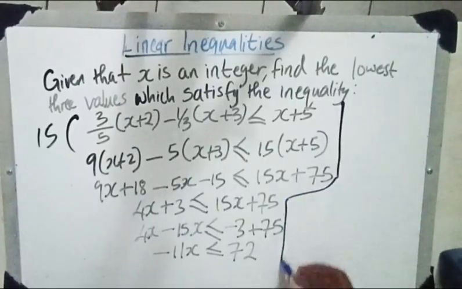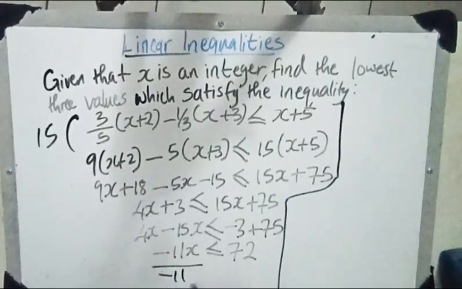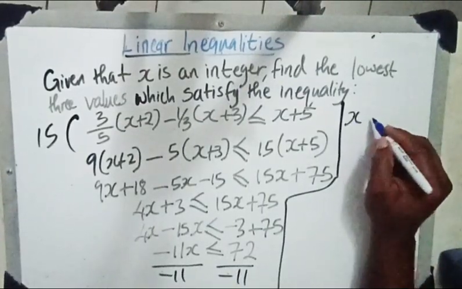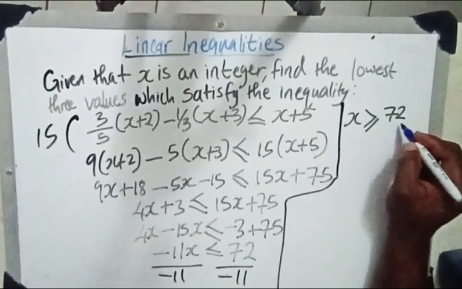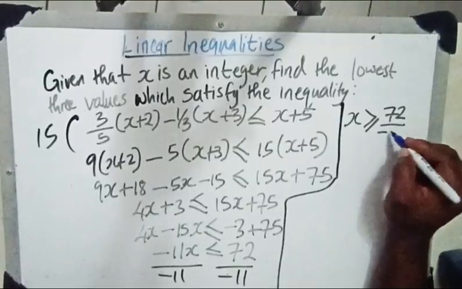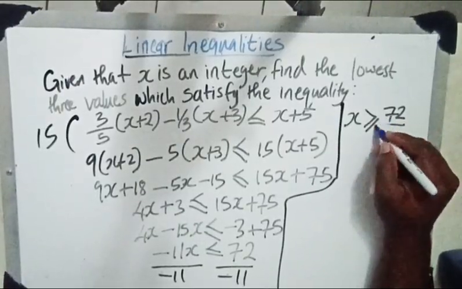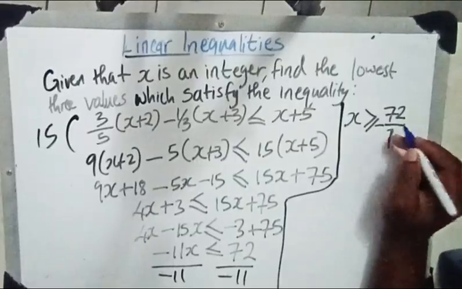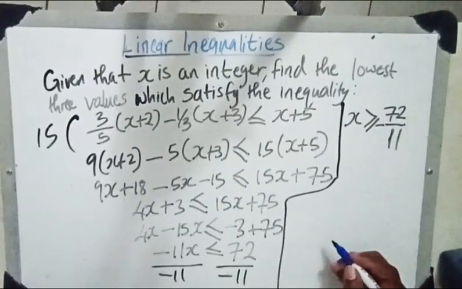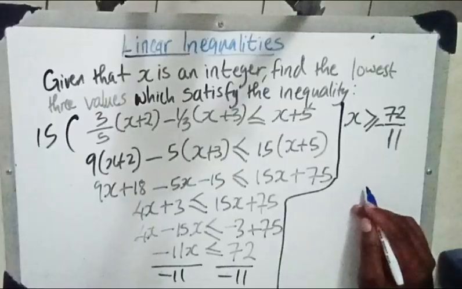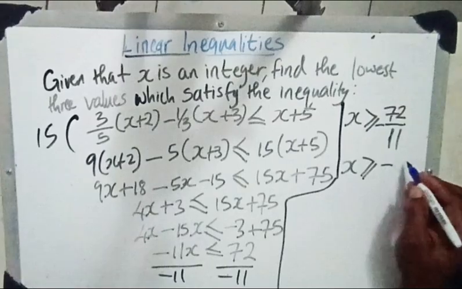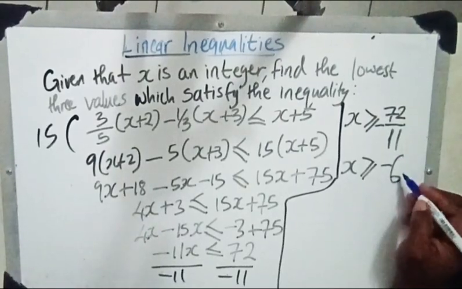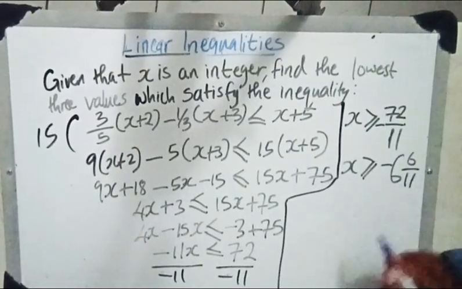And so when you divide both sides by negative 11, your inequality becomes x greater than or equal to 72 over negative 11, or instead negative 72 over 11. Now, if you go ahead to change this to a mixed fraction, you have x greater than or equal to negative 6 whole number 6 over 11.